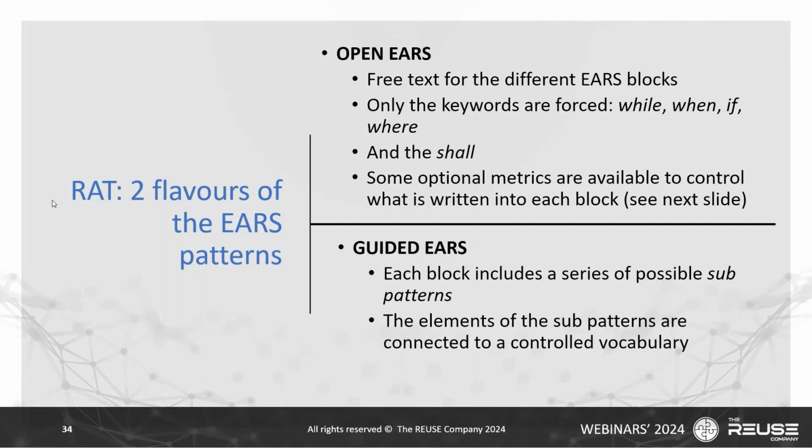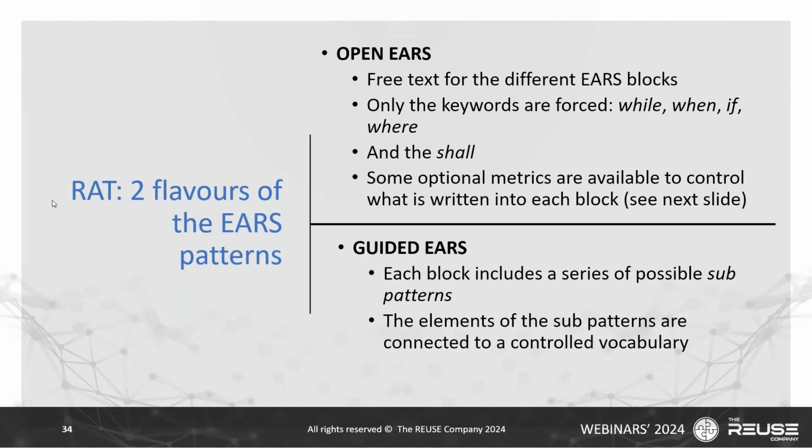And we have offered two different flavors of ES patterns. As I was mentioning before, ES is just defining the main blocks, starting with the main keywords, ES keywords, like while, when, if, where keywords. So the first implementation of ES is what we call open ES. In the open ES approach, we just force you to follow the specific keywords and the SAL, and perhaps that's all.